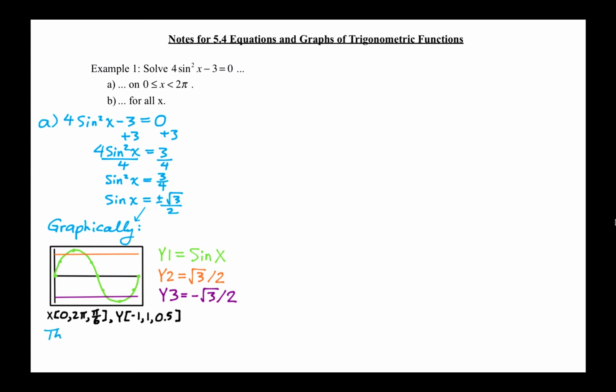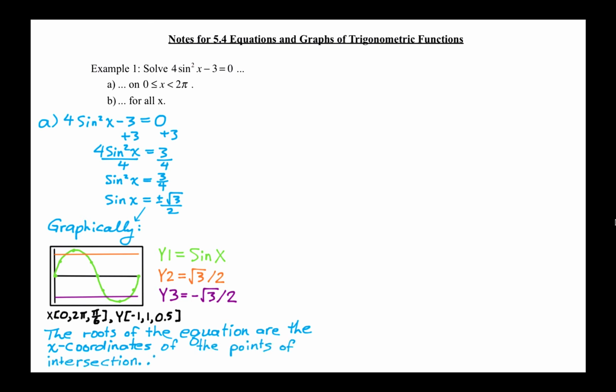So if I find the points of intersection, the roots of the equation are the x-coordinates of the points of intersection. And so if you're doing a graphical solution, it's important that you identify how the graph relates to your solution of the equation.